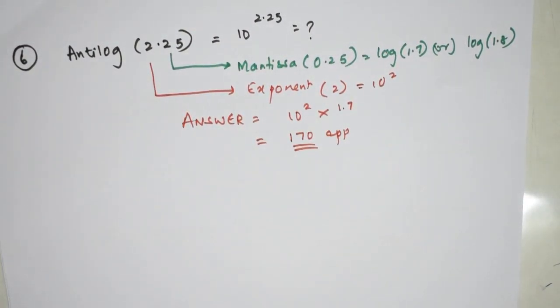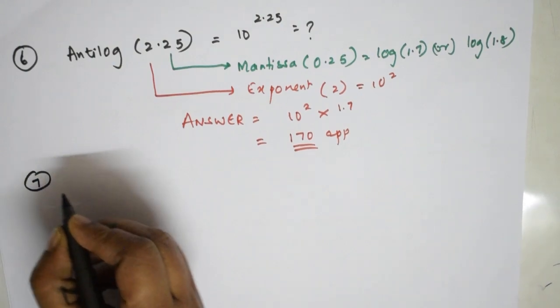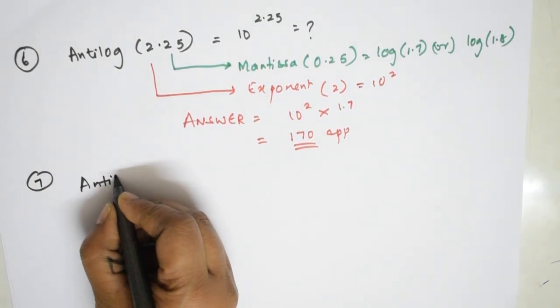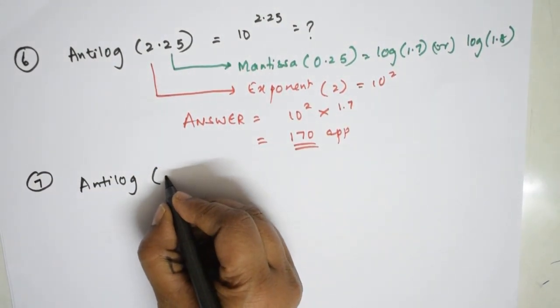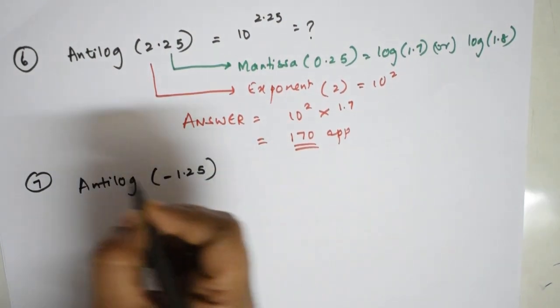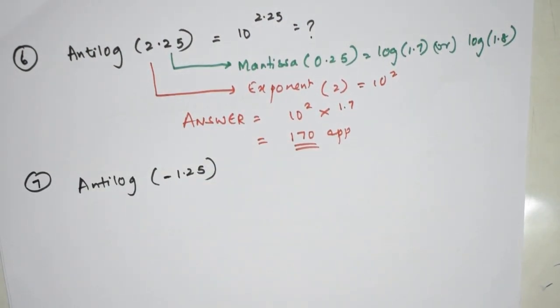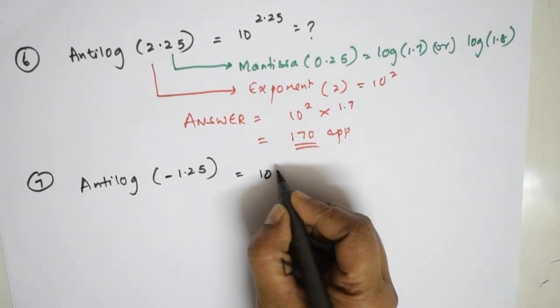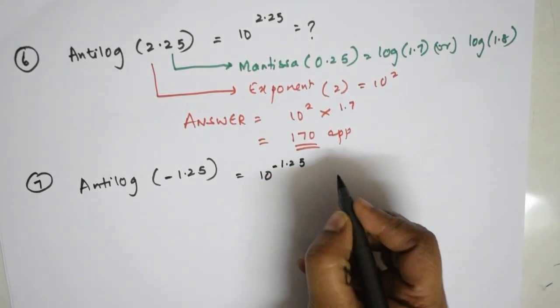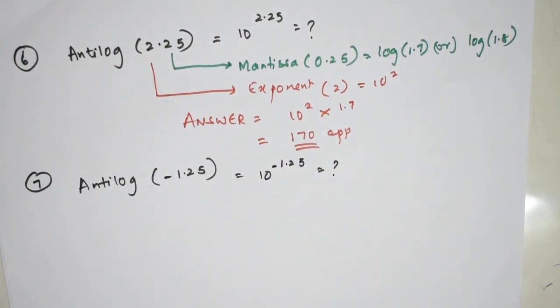Right, now let us do example 7. Here you're given antilog minus 1.25 to find out. As it is the same as above, it is nothing but 10 raised to the power of minus 1.25. I need to find the value of this. Again we have two components in this, as we said.